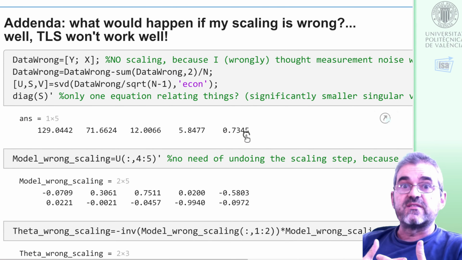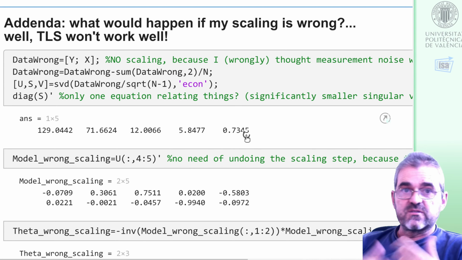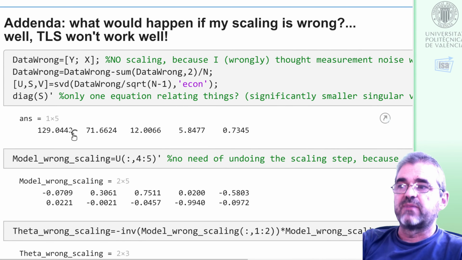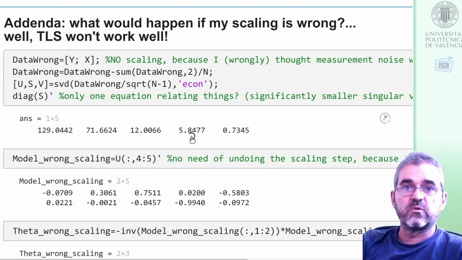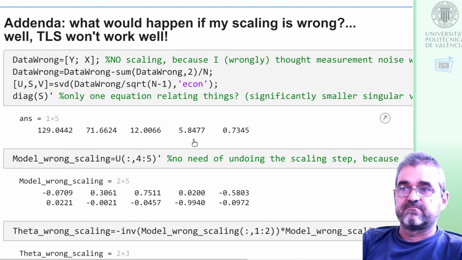We know that there are 2 equations inside, but the wrong scaling means that even if I should have 2 zeros here, noise is multiplied by a large number because this 6 is comparable to this 12. So maybe here we would incorrectly assume that there is only one relationship, one equation in the data, and only one variable could be solved for as a function of the remaining 4 inputs.